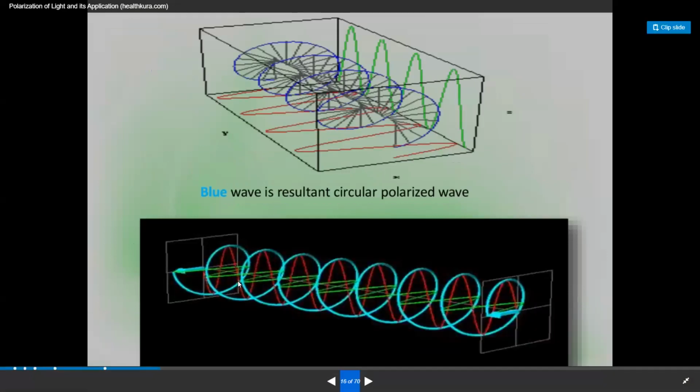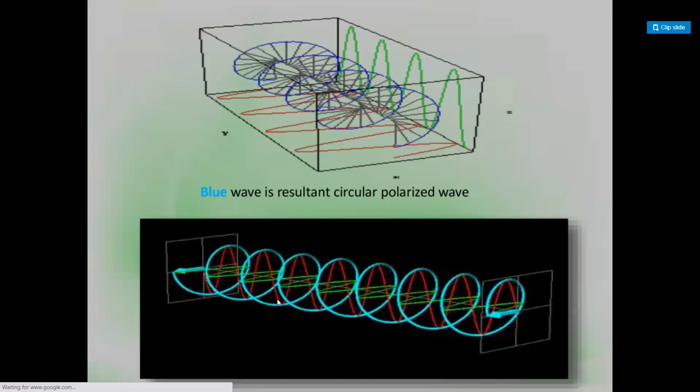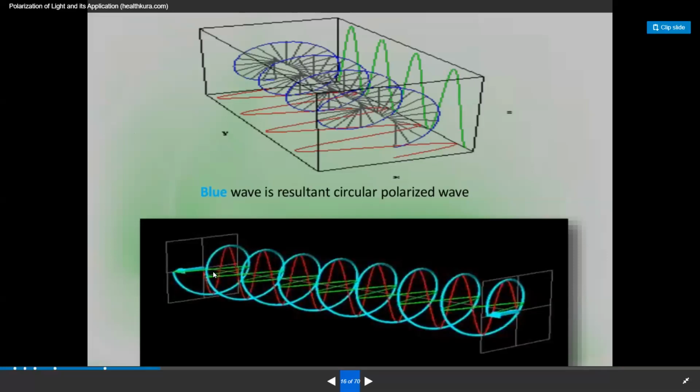When you observe this, the red color is one of the polarized lights, and the green color is another polarized light. The red color indicates one plane polarized light, I mean vertical polarized light, and the green color is horizontal polarized light. By the superimposition of these two polarized lights, we finally get circular polarized light, which is indicated by the blue color.